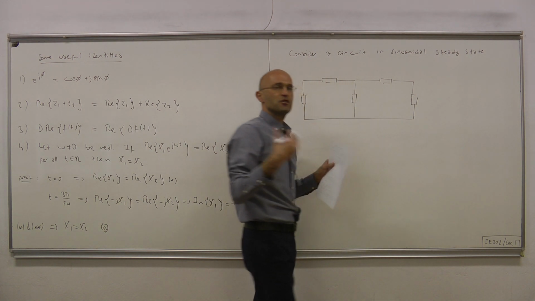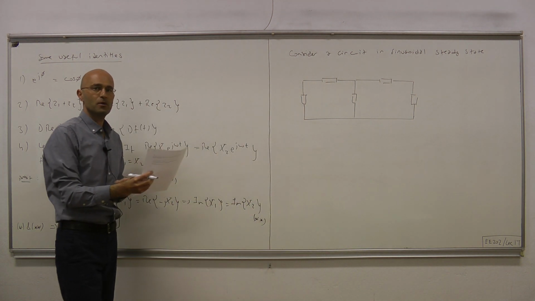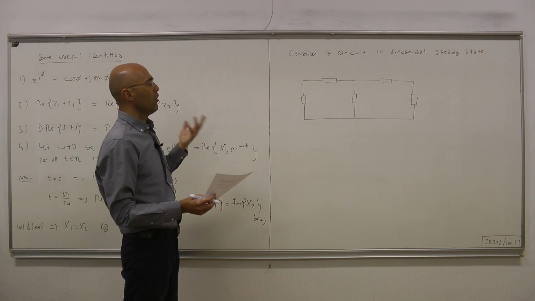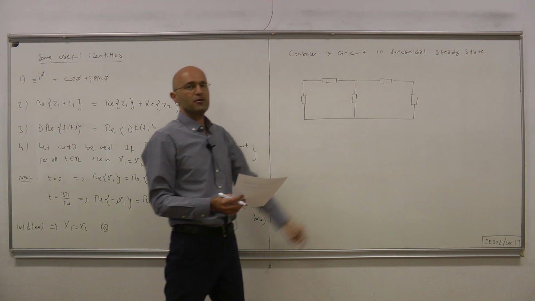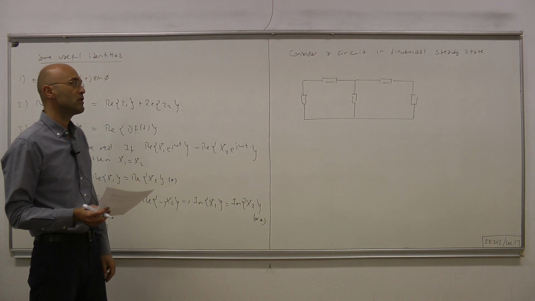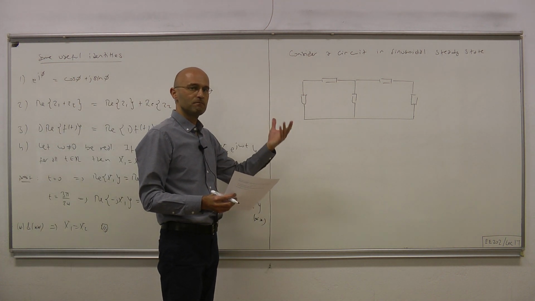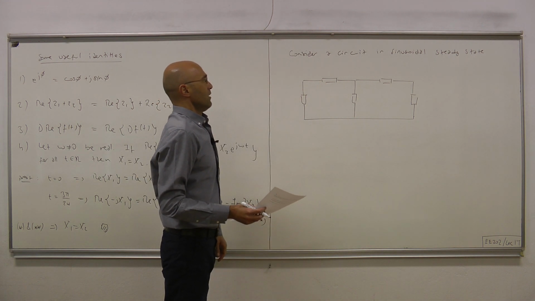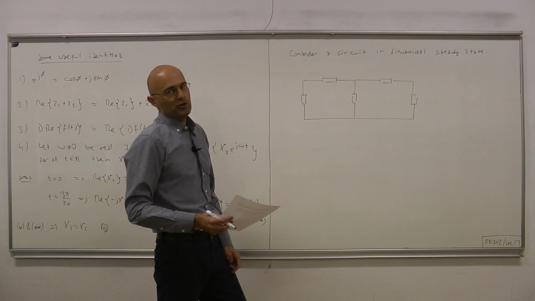At least one of them is the input, and that input is oscillating at frequency omega. The circuit is stable, all the natural frequencies have negative real parts, therefore after a while, regardless of the initial conditions, this circuit will have reached sinusoidal steady state.